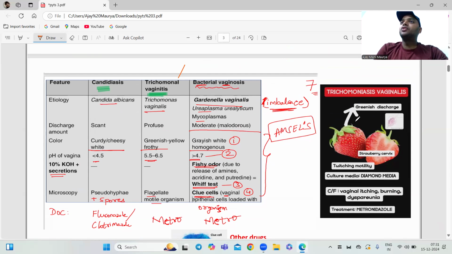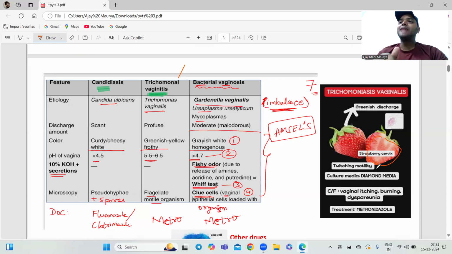As you know, strawberries are very costly, that's why only rich people will be able to eat strawberries. This is the strawberry cervix. Leaves are green, it means there is a greenish discharge. Strawberry cervix, greenish discharge.